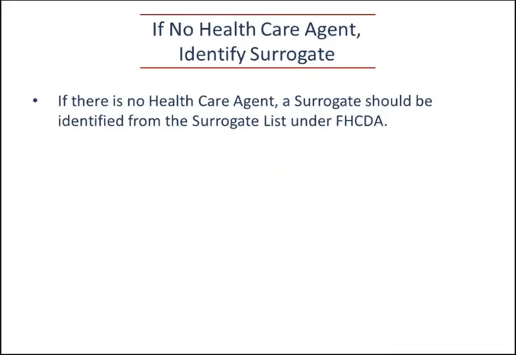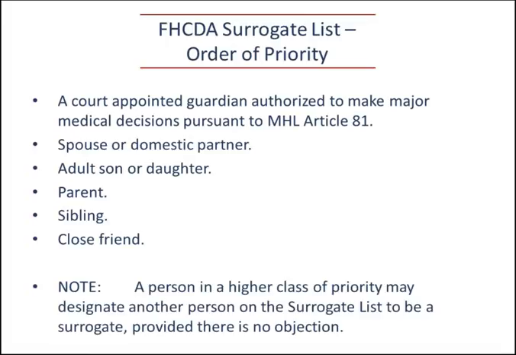If there's no healthcare agent, then we identify a surrogate under the Family Healthcare Decisions Act, and we look to the surrogate list. And here is the surrogate list in order of priority. A court-appointed guardian appointed by the courts under Article 81 and authorized specifically to make major medical decisions. I mention that because there are lots of guardians who get appointed by the court under Article 81, but they are not given the authority to make major medical decisions.